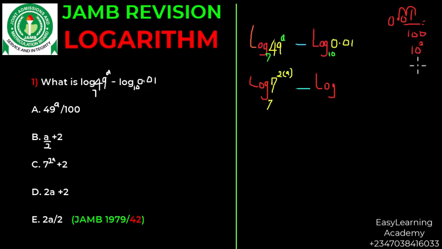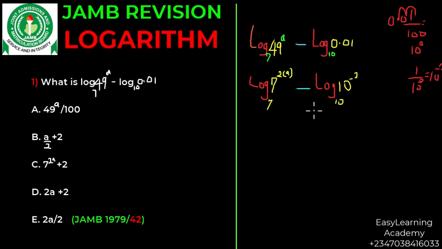So it is 1 all over 10 raised to the power of 2, and if we take away the division, we can have it as 10 raised to the power of minus 2. So we have 10 raised to the power of minus 2, and the base is base 10.